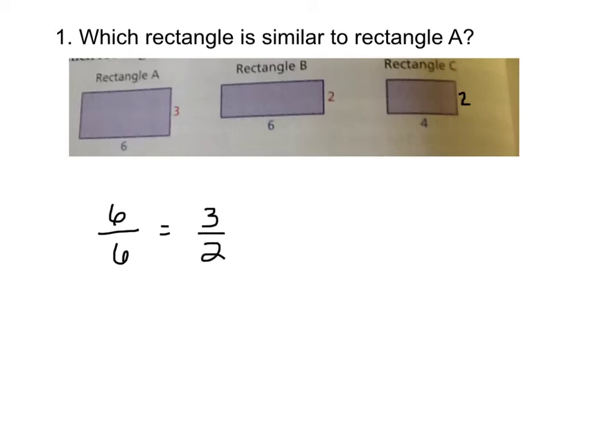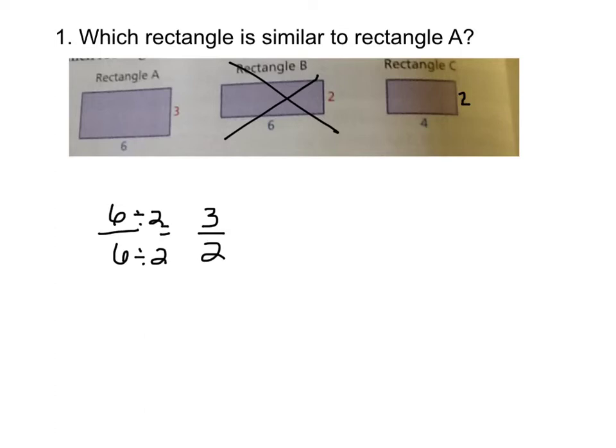Well, 6 divided by 6 is 1. 3 divided by 2 is not 1. Therefore, they're not proportional. Another way to check it is, for example, 6 divided by 2 is 3. 6 divided by 2, well, that doesn't give me 2. Or you can cross multiply and say 6 times 2 is 12. 6 times 3 is 18. They're not equal. So we know rectangle B is not proportional to rectangle A.